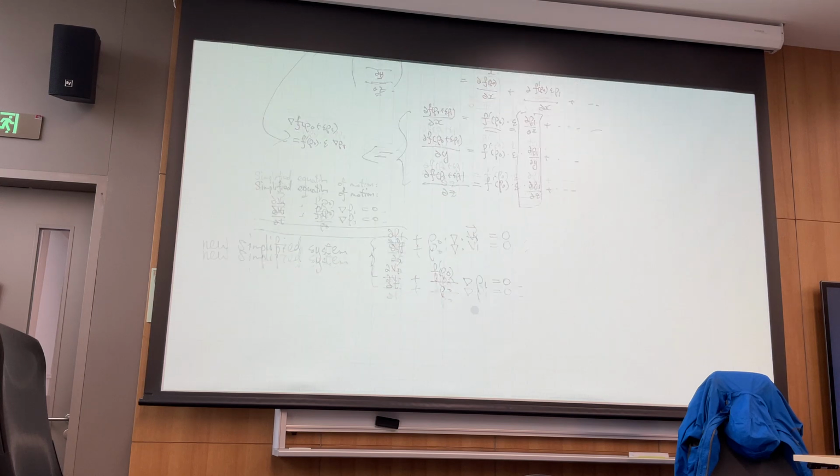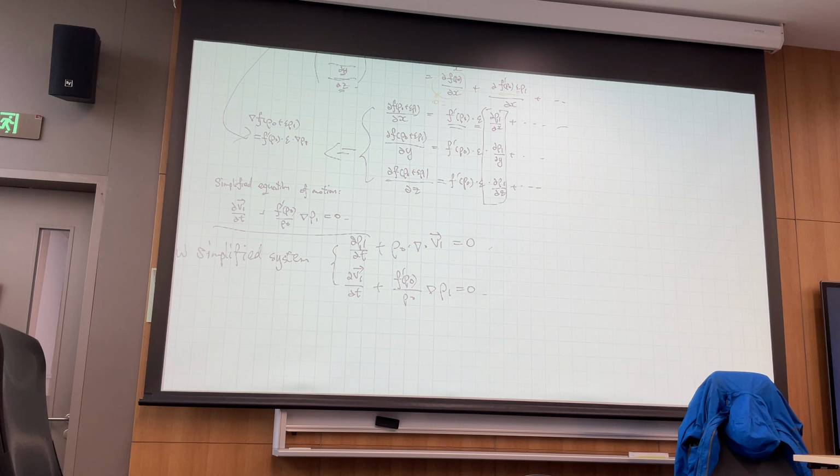Based on these two equations, can we give a closed equation that's only about rho 1? Again, my rho 1 is the new dependent variable of density, and my v1 is the new dependent variable of velocity. Based on these two equations, can I create a new equation that's only about rho 1, not about v1 anymore? Can we do that?